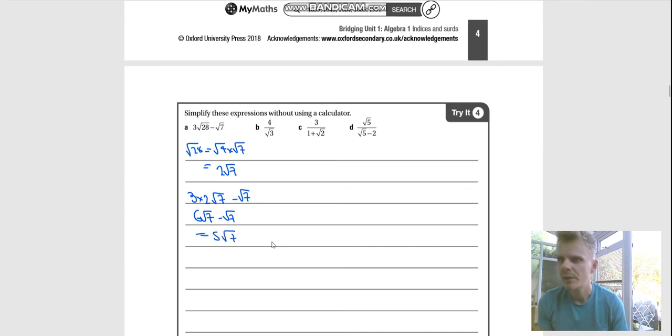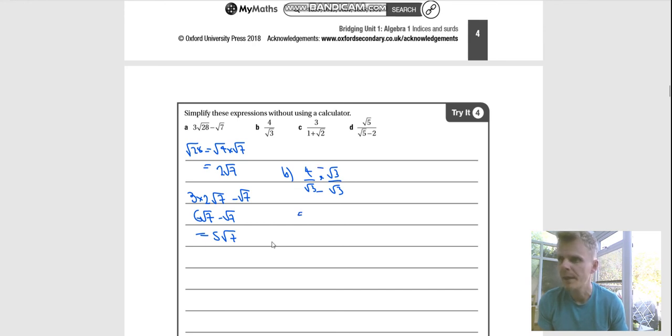For b we want to rationalise the denominator, which means ensuring there's no irrational number there. The square root of 3 is an irrational number, it's a non-terminating decimal. We don't want that in the denominator, so the only way to remove it is to find an equivalent fraction. We multiply the denominator and the numerator both by root 3.